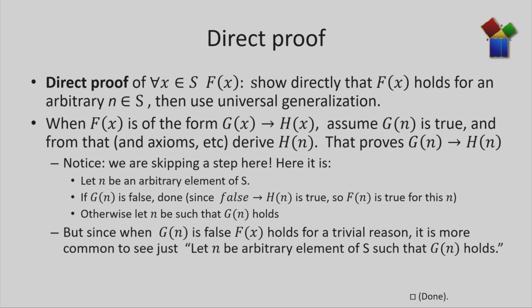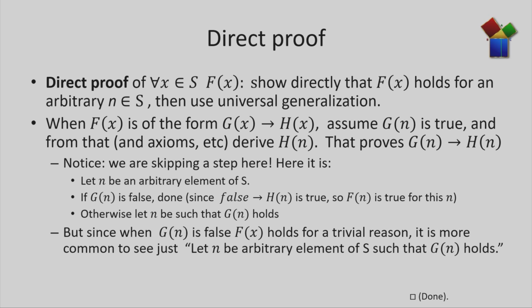But let's see what step they skip. Often you read a proof and it will say, let for every something implies something, assume and take an arbitrary element for which the first thing g of x is true, and then derive h of x.